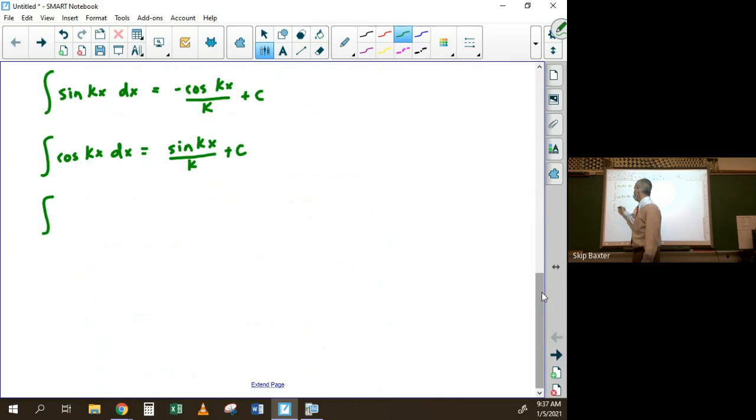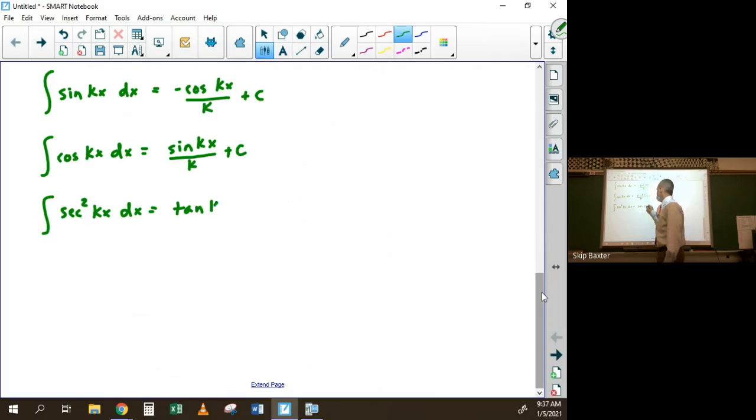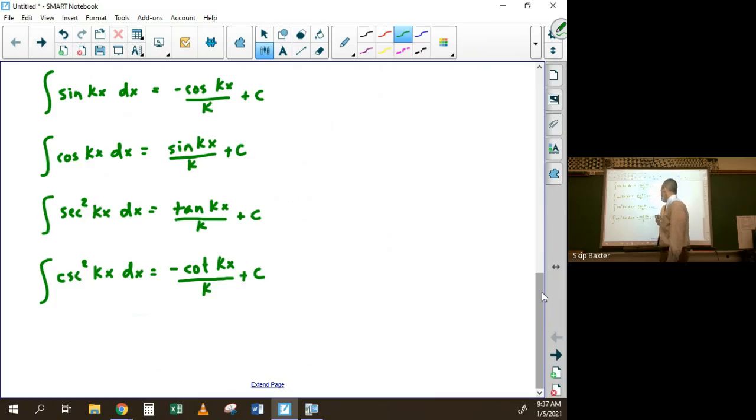The integral of secant squared kx dx is tangent kx over k. The integral of cosecant squared kx is negative cotangent kx over k plus c.